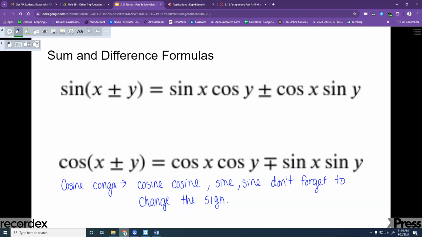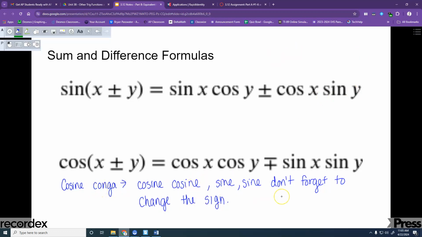So to sing it, you can do your arms if you want: cosine, sine, sine. Don't forget to change the sign. You kind of got to make it fit there at the end. Cosine, sine, sine. Don't forget to change the sign there. And if I were more coordinated, I'd do my motions there. You guys can work out a dance for that.